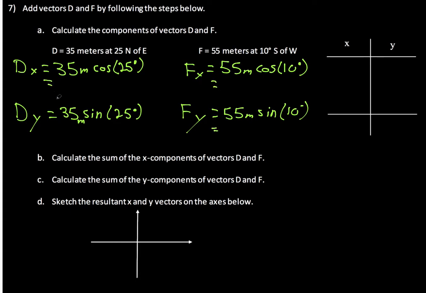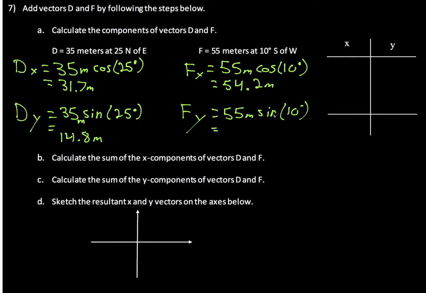Let's see what those come out to. 35 cosine of 25 degrees, I get right around 31.7 meters. 35 sine of 25 degrees, I get 14.8 meters-ish, a little bit less, but it rounds. 55 times the cosine of 10 degrees, I get 54.2 meters if I round.